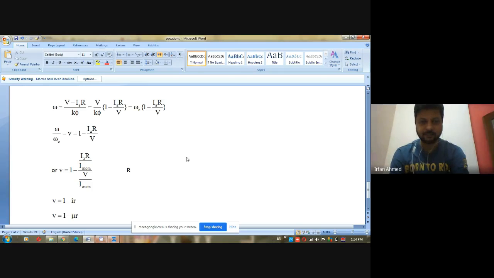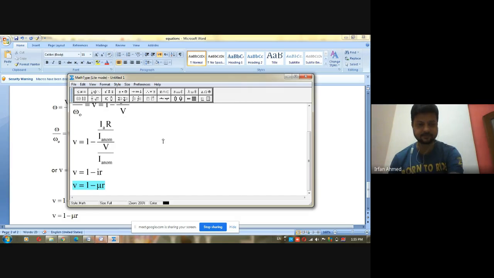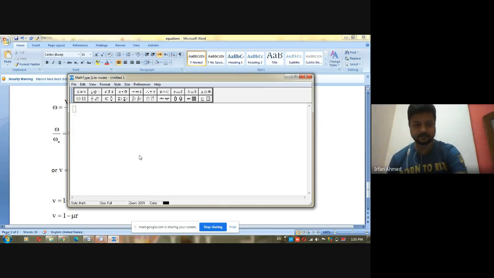Nominal resistance, capital R suffix nominal or rated, that we are saying is equal to V upon Ia nominal.